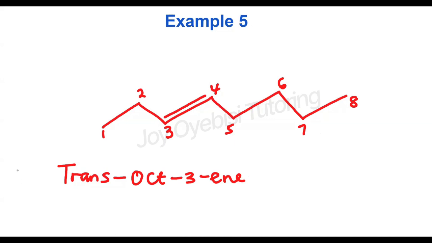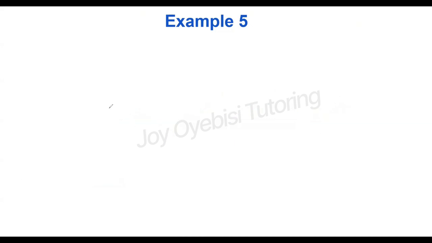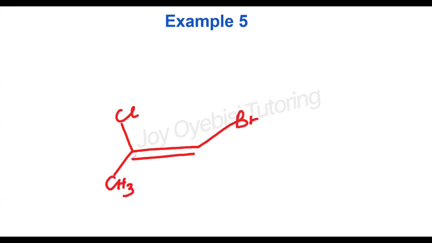Now, how about E and Z? So a typical E and Z would be something like this. Now, there are no identical groups attached.